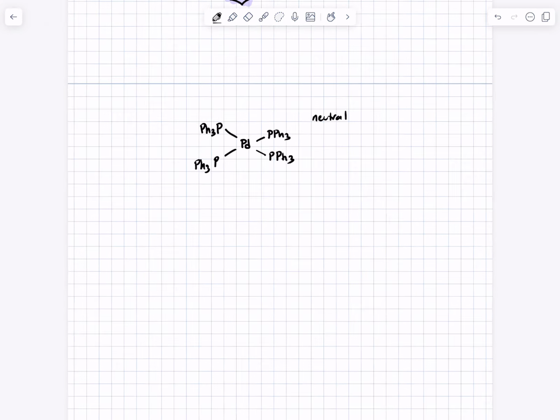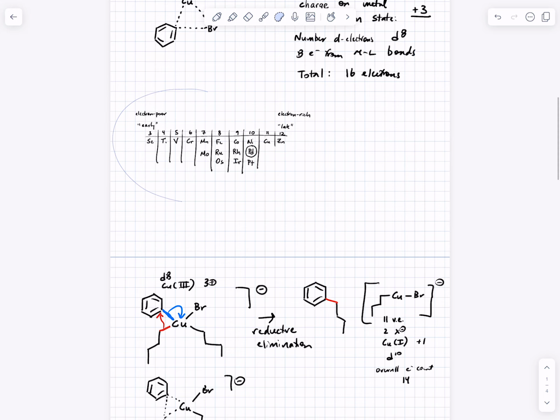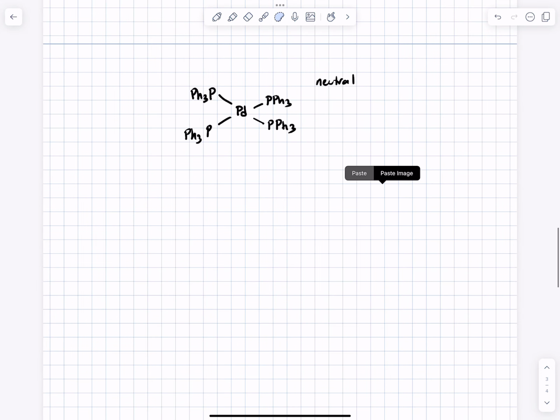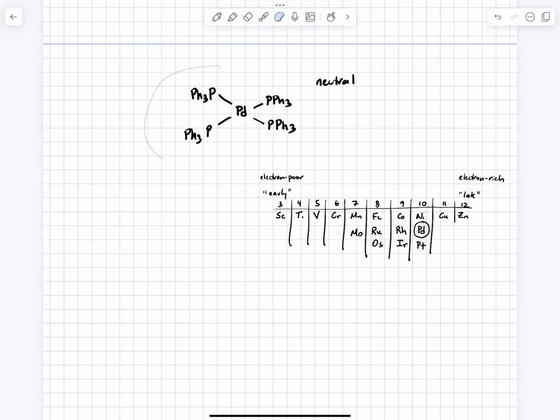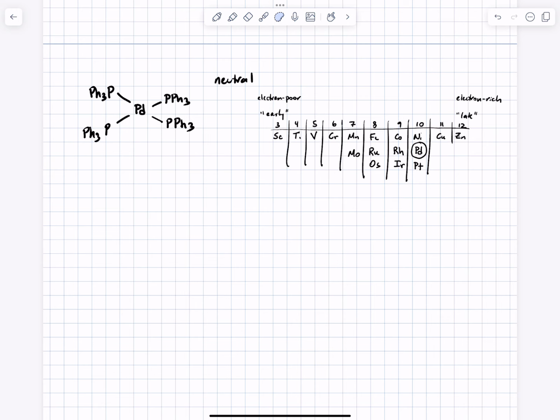So with that, and with our periodic table, which we'll now copy and move to help ourselves out, we can have an idea of what's going on with this metal. All of the ligands are L-type. So tell me, what is the oxidation state on the metal? 0, has to be.